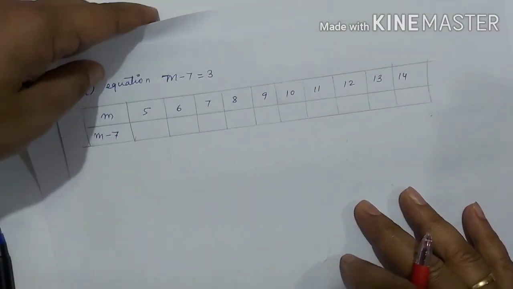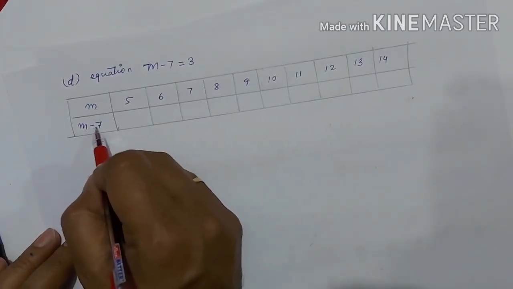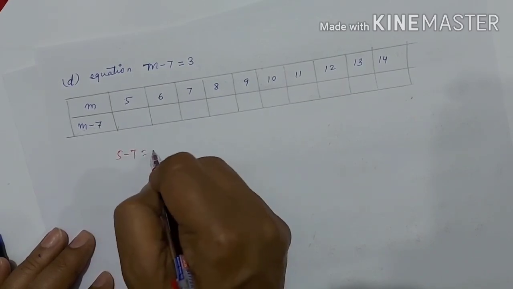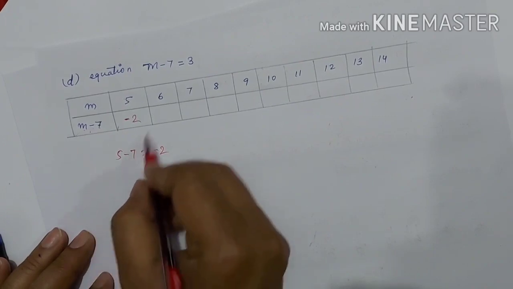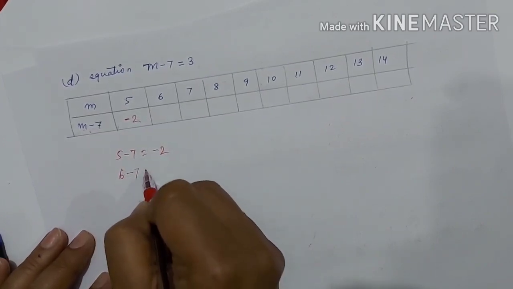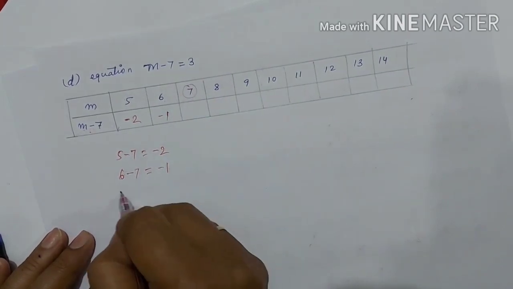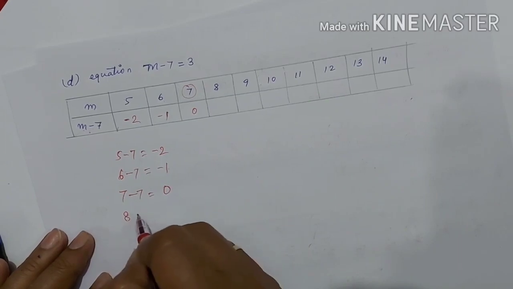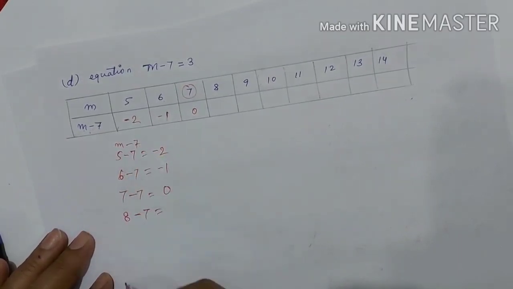Okay. The last question is in subtraction form, that is m minus 7. The first will be 5 minus 7 is equal to minus 2. So there minus 2. Next is 6. 6 minus 7 is equal to minus 1. Next is 7. 7 minus 7 is equal to 0. Next is 8. 8 minus 7 is equal to 1, because this is the value of m minus 7.